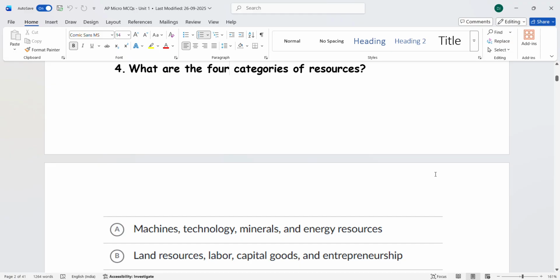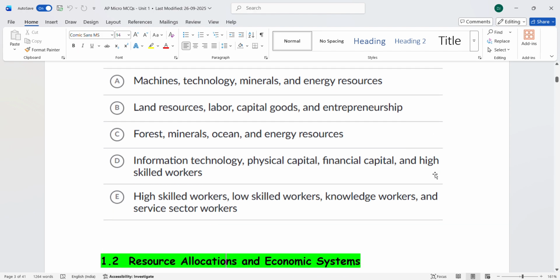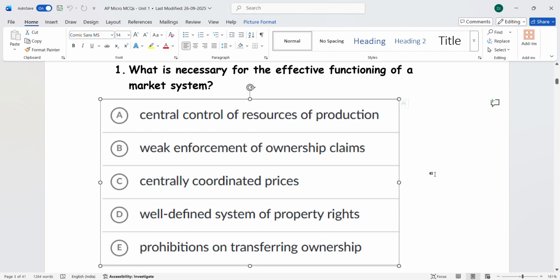Fourth is, what are the 4 categories of resources? And fifth is, what is necessary for the effective functioning of a market system?